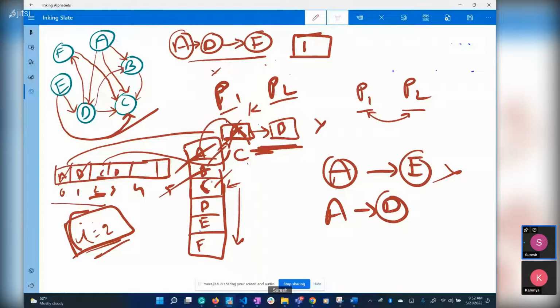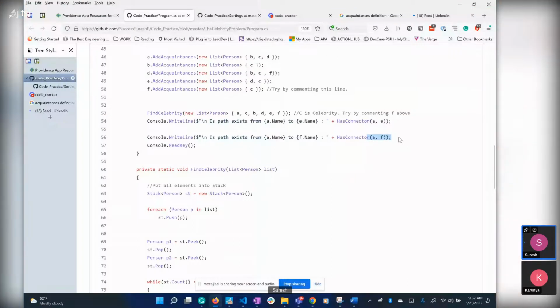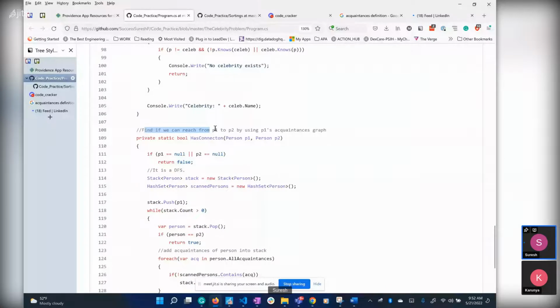So I will give you two nodes in the same graph. Tell me whether you have the path or not. Has connection is not a direct connection, it is a path. So find if we can reach P1 to P2 by using P1's acquaintances graph. Basically, you will start with P1 and see whether you can reach P2 using the acquaintances of P1.